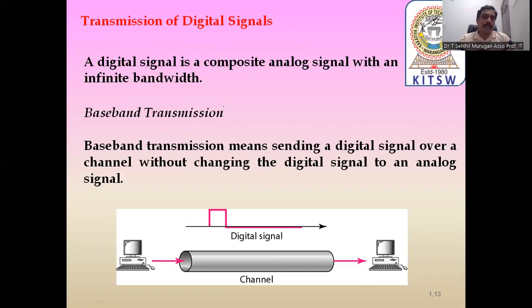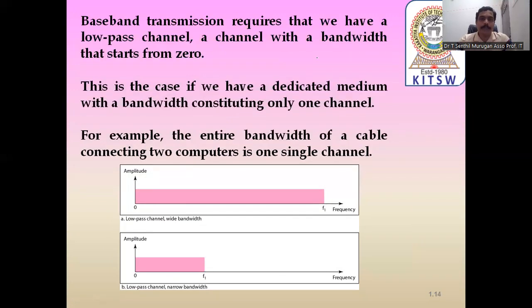Baseband transmission means sending a digital signal over a channel without changing the digital signal into an analog signal. Baseband means whatever digital signal we have, the same signal we transmit. We are not converting the digital signal to an analog signal. That is baseband transmission.